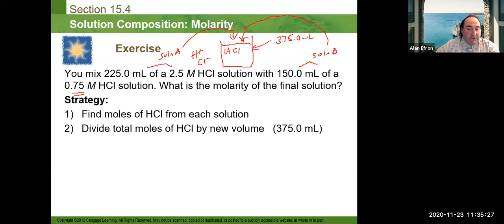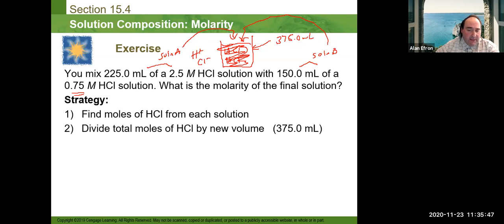We call the other one solution B, also dumping in there, and it supplies a certain amount of moles of HCl. When we give it a good mix, it becomes all one solution, with total moles of HCl supplied by each of those solutions.